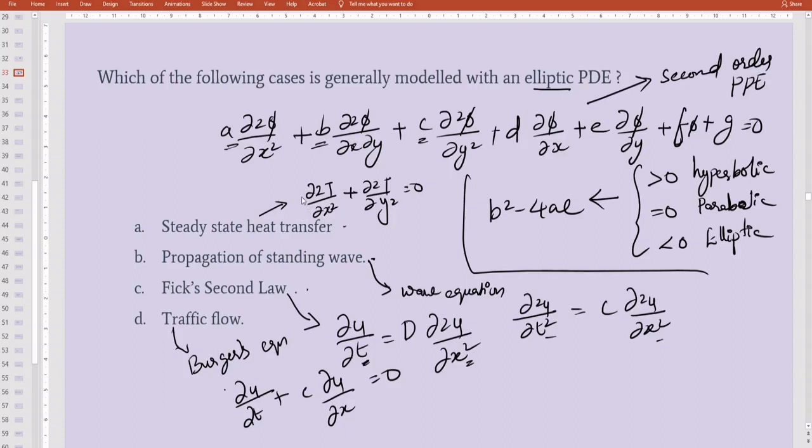Here, if you put this, the coefficients are 1 each. If you put it in b² minus 4ac, it will come below 0. That is the first option, A, the answer.